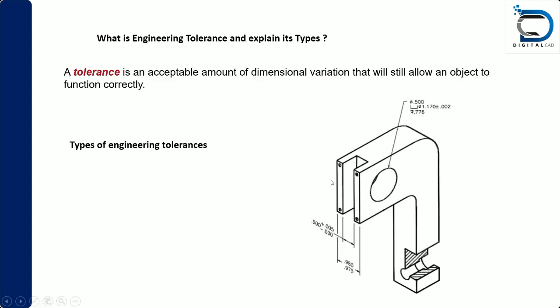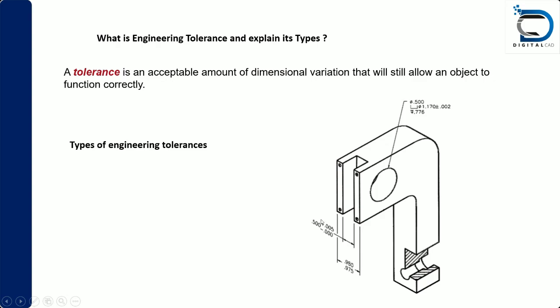Then, moving further, types of engineering tolerances. If you see in this image, the dimensions are given. Mainly there are three types of tolerances. A tolerance is an acceptable amount of dimensional variation.